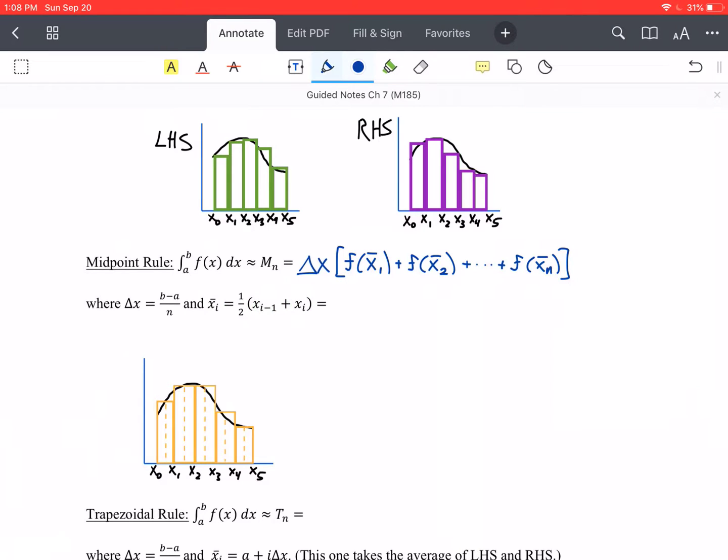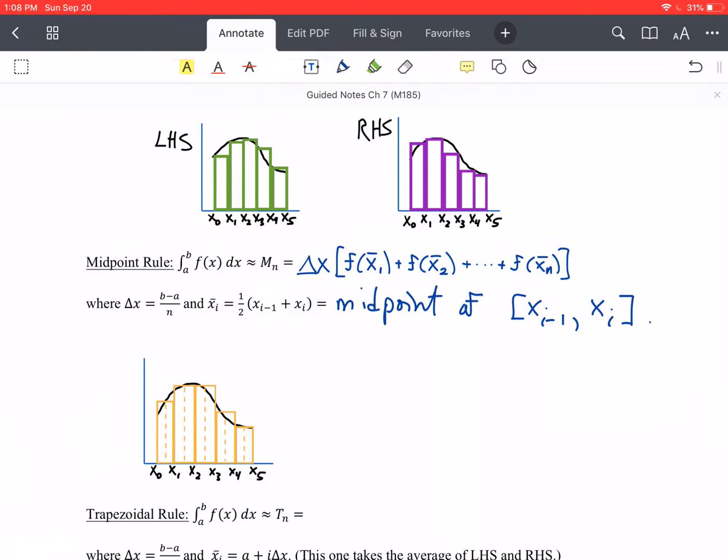So this is just going to be the midpoint of the interval from x sub i minus 1 to x sub i. Okay, so when using the midpoint rule, instead of doing left-hand side and right-hand side and averaging them together, we just need to go in and find the midpoint first and use that as the height of our rectangle.